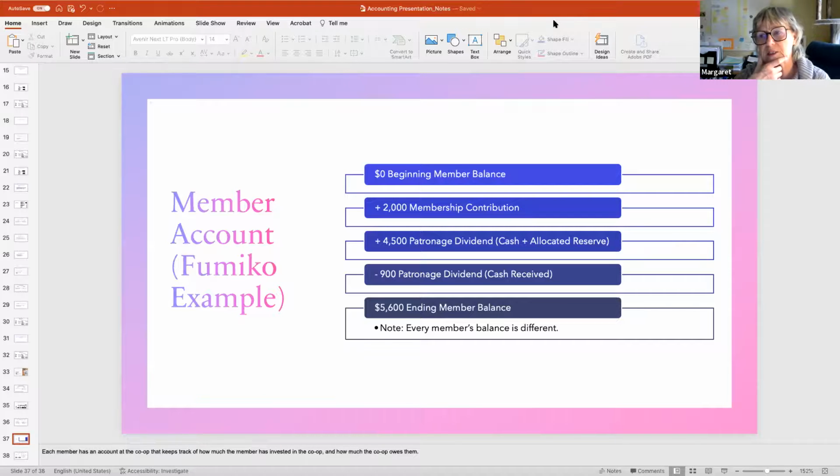So my question is, how do you strategically figure that out? First, is it done by individual, or does everybody in the membership get treated the same? And how do you strategically set this up so that people aren't going, oh my God, I got $900 in cash, but I owe $1,500 in taxes?